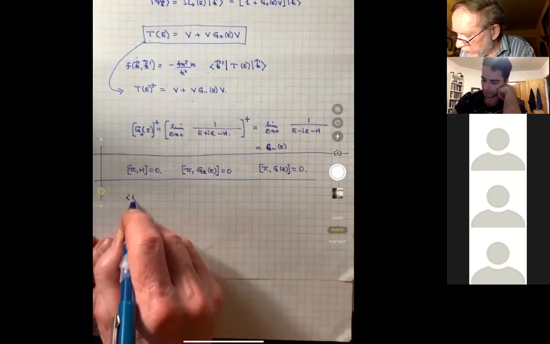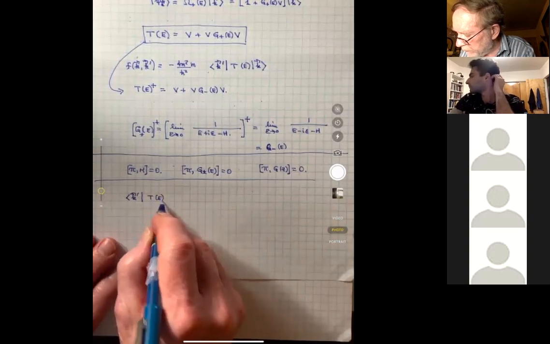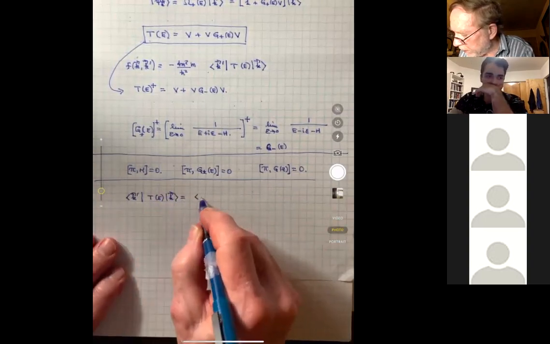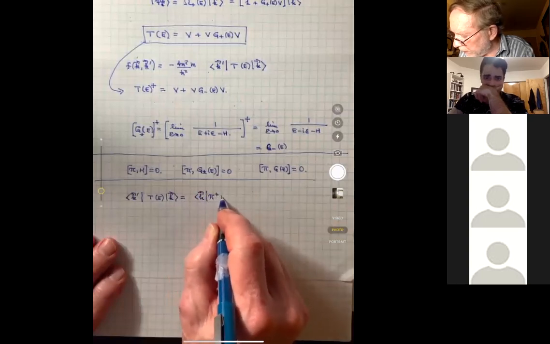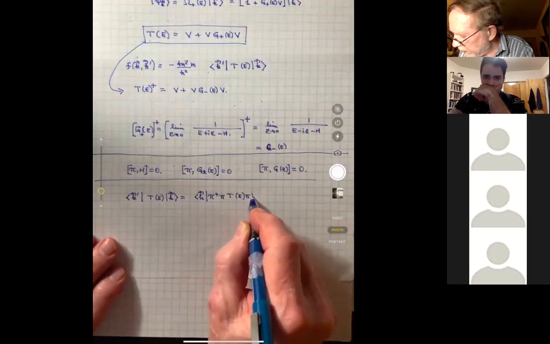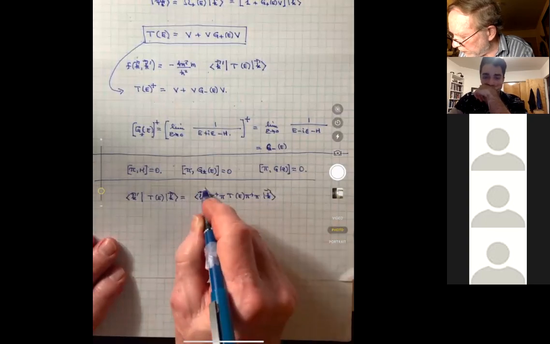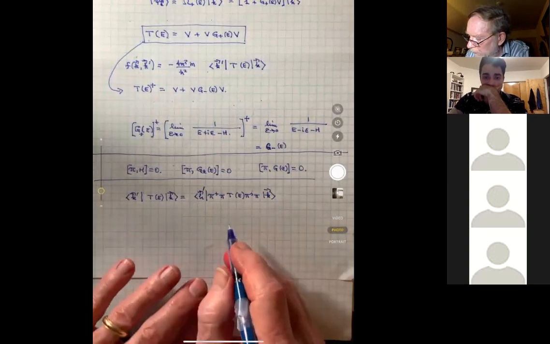Now let's take this matrix element with k prime on the left, T of E in the middle, and k on the right. And using the fact that parity is unitary, we can write this as pi dagger pi here, T of E, pi dagger pi here, and then a k here. And this one should have been a k prime. That's an unprimed k on the right-hand side.